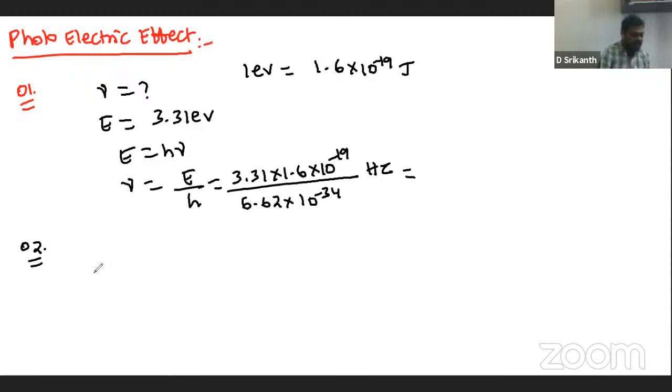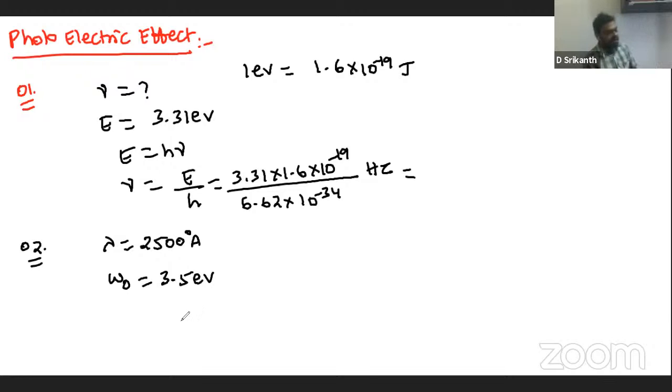Second one: a radiation of wavelength lambda equal to 2500 angstrom is incident on a metal plate whose work function W naught is 3.5 electron volt. Find the potential required to stop the fastest photoelectrons emitted by the surface.